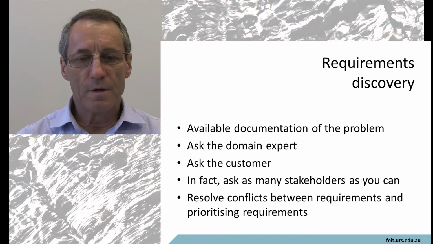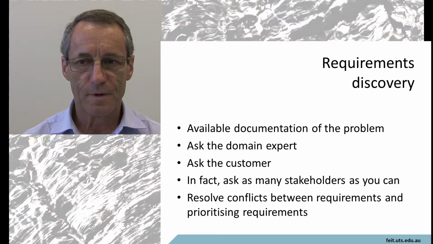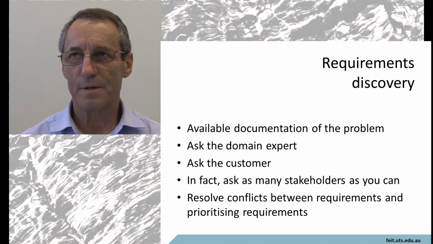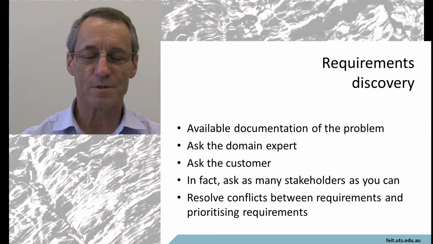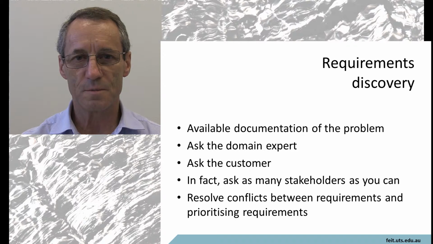Now let's look at how you're going to go about discovering all the requirements. Trying to say discover all the requirements is a misnomer, because how do you know what all the requirements are? You'll only know at the end of the job. This is the beginning of the job, so you discover as many as you can that seem to make sense.